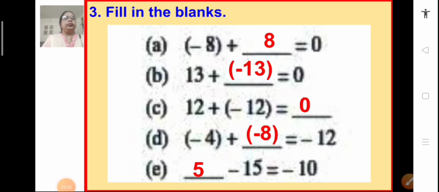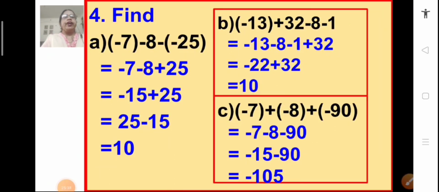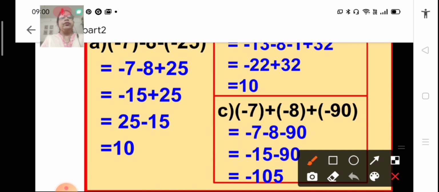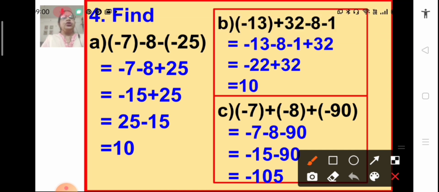Question number 4. Find A, negative 7 minus 8 minus negative 25. So here these two negatives become positive. So we get negative 7 minus 8 plus 25.